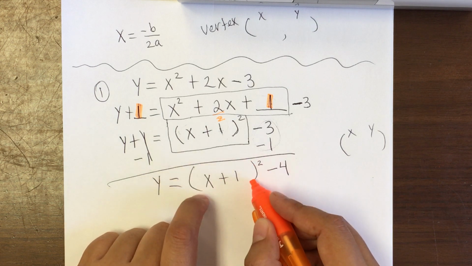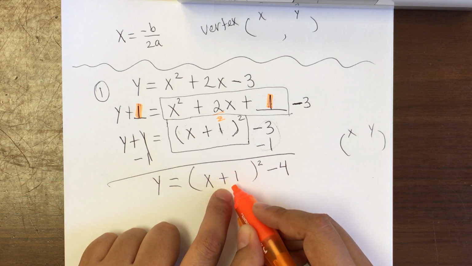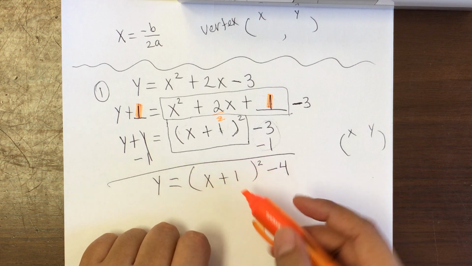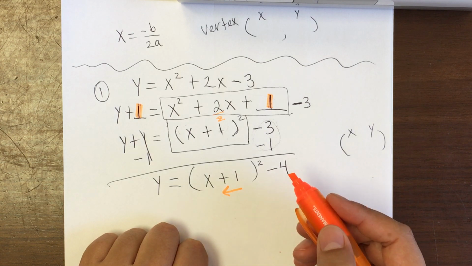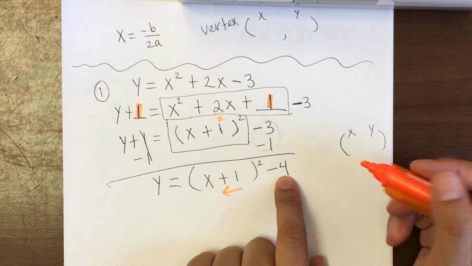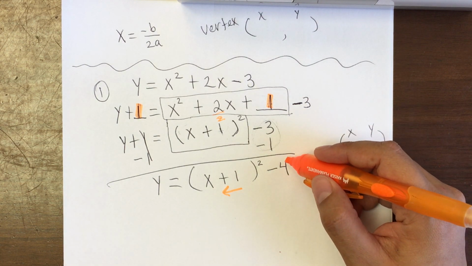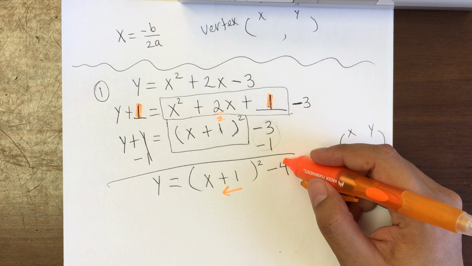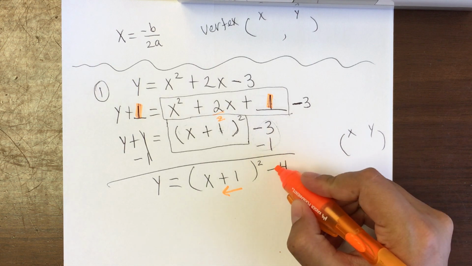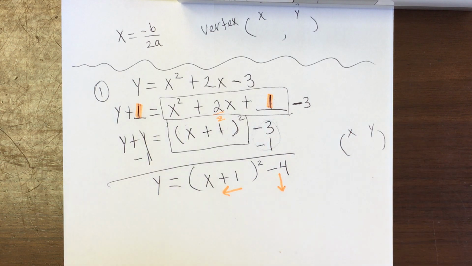So inside of the parenthesis, if we're adding or subtracting, it moves that many spaces. If it's plus, it's going to move to the left. If it was minus, then it would move to the right. But outside of a parenthesis, it's going to move up or down. If it's positive, it goes up, but in this case, because it's negative, it's going to go down.